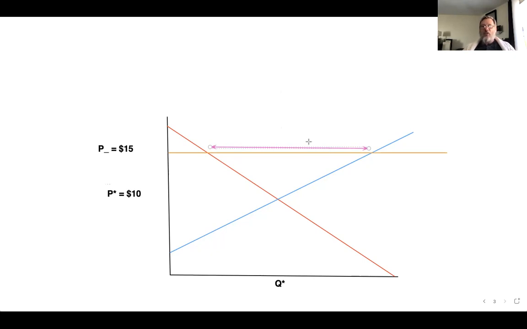In this case, we call it a surplus, and a surplus in the labor market is called, anybody want to take a guess? It means a bunch of people want to work and they can't find a job. Unemployment. Yeah, it's called unemployment.